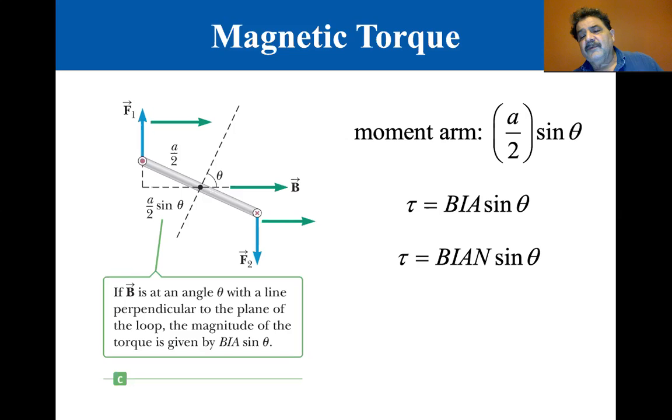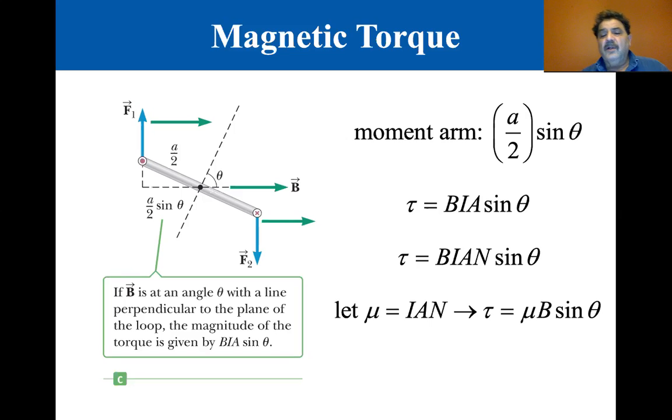If you have a number of turns, it's BIAN sine theta. And we're going to call mu the magnetic moment of the loop, which is IAN. So the torque is equal to mu B sine theta.